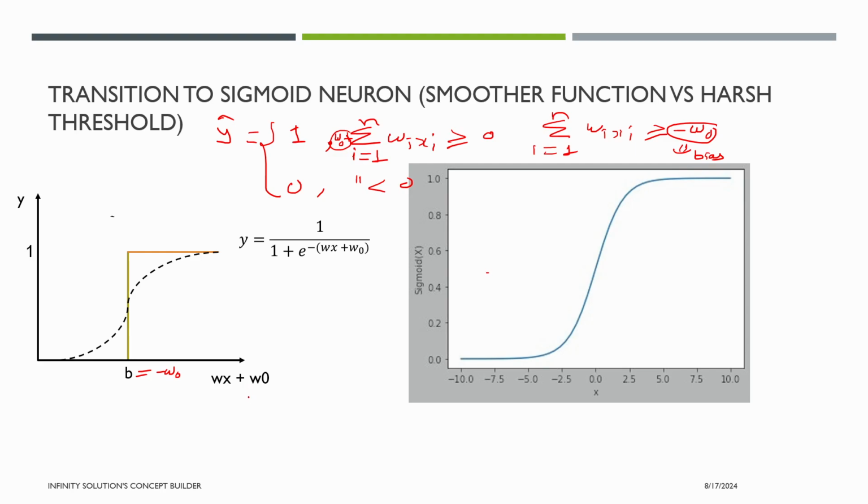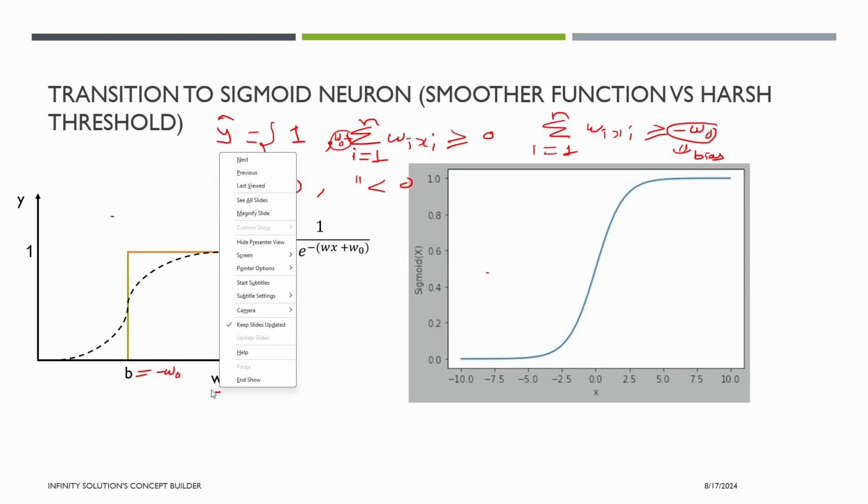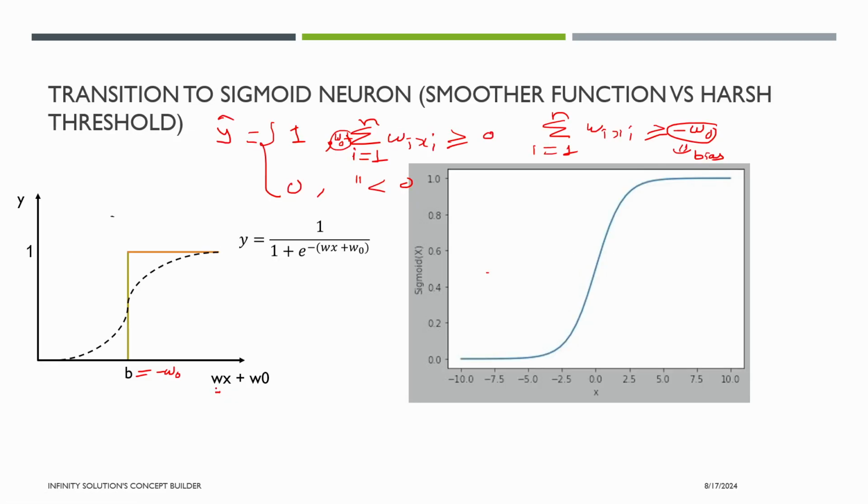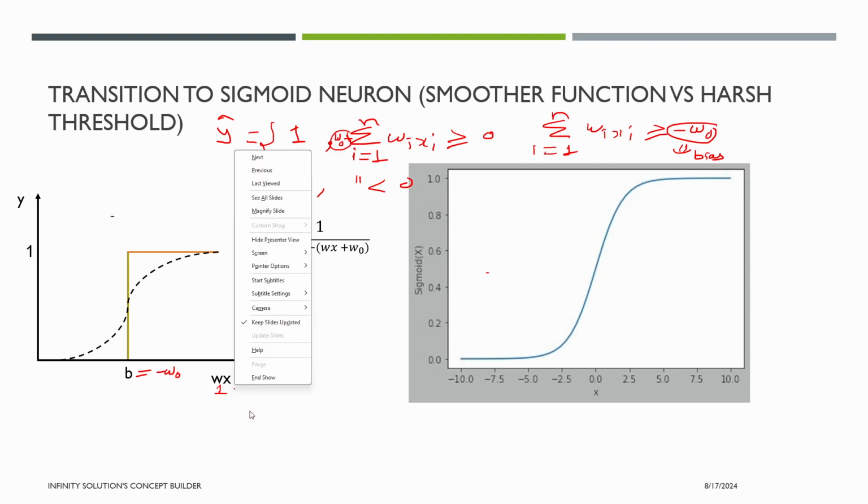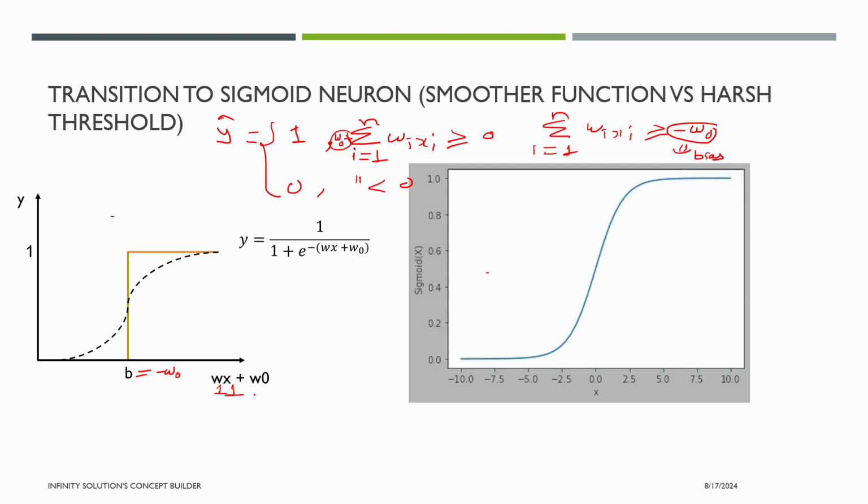And since we are taking just one feature, so one weight, we can also write this as just w1, to be precise with our notation, and we can also write x1. So this is w1 x1 plus w0. This is our bias term.